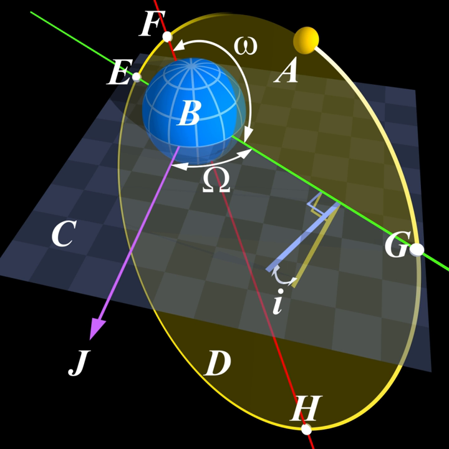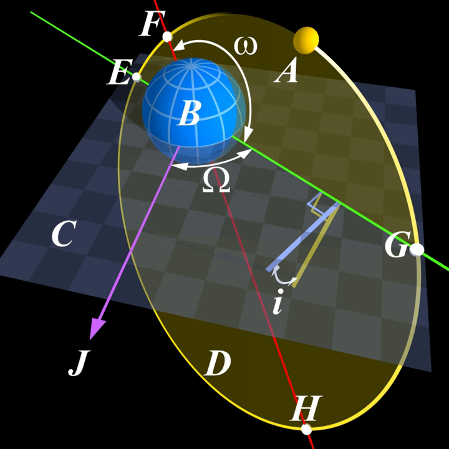Compute the mean anomaly M equals nt, where n is the mean motion. n·p equals 2 pi radians, where p is the period.